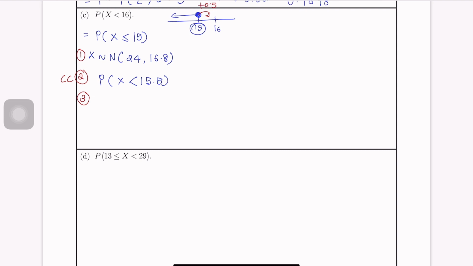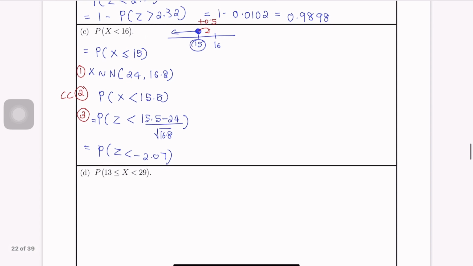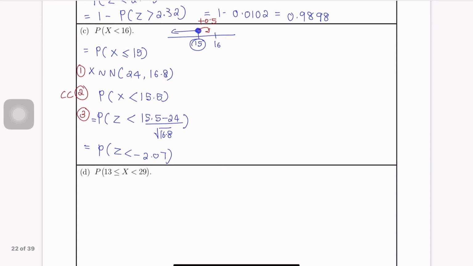Yes, to standardize it, so we change it to Z. So 15.5 minus mean over standard deviation. Don't forget the root of 16.8, because 16.8 is the variance, but in this formula we need the standard deviation. So we have probability Z less than negative 2.07. And again, if you're not sure, just draw the bell-shaped curve.